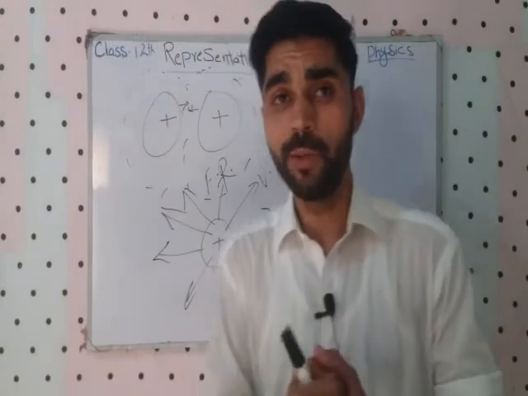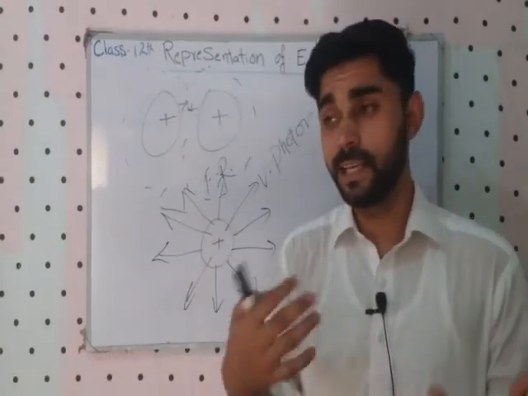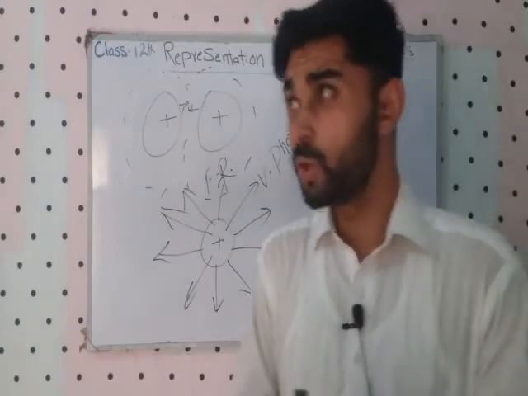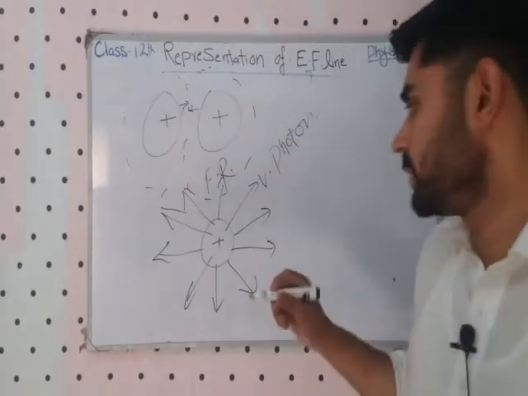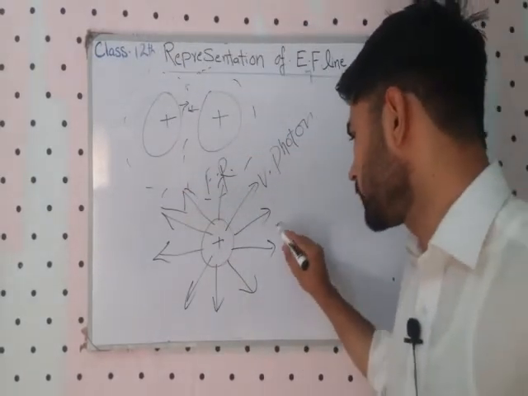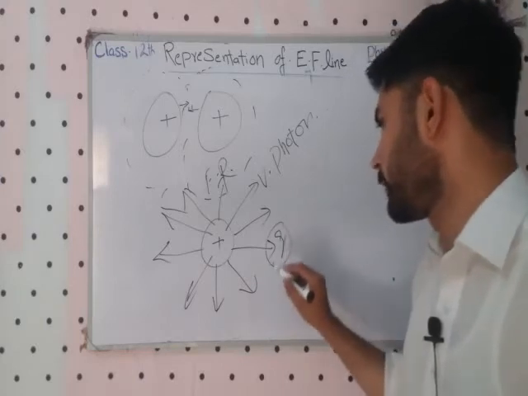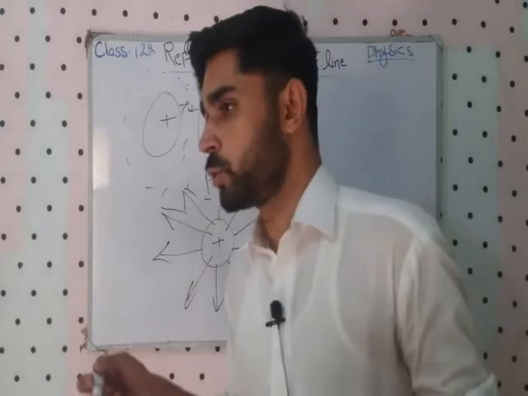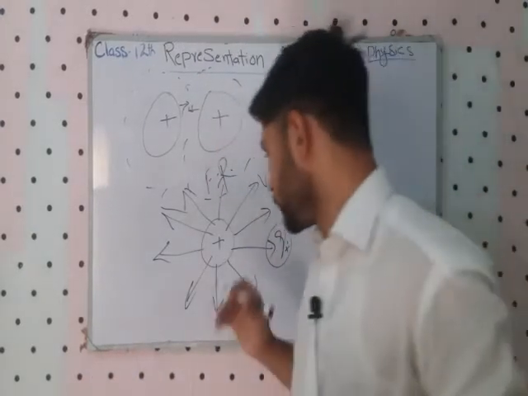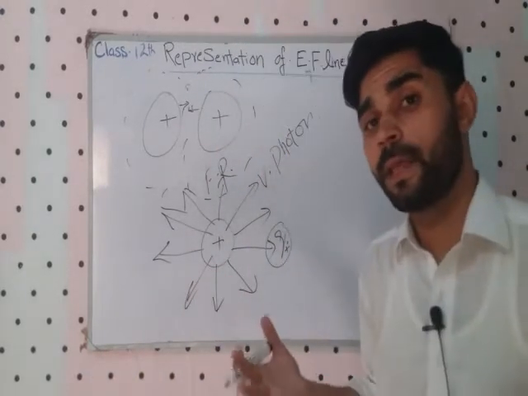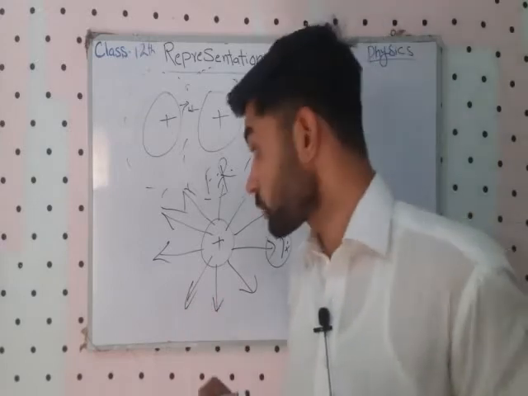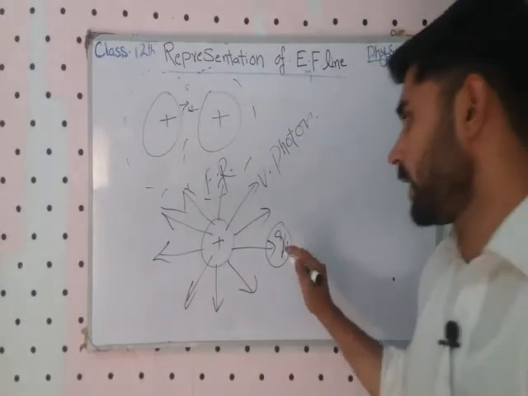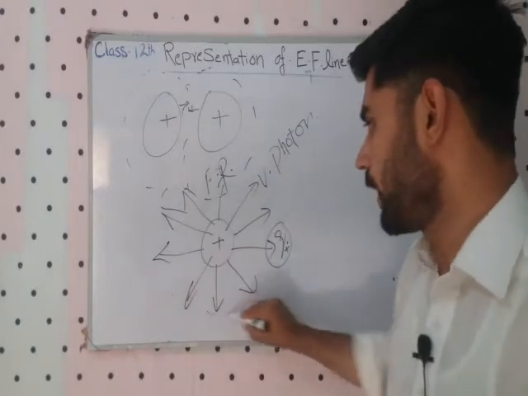So how can we say that the electric field exists or not? We take a positive test charge here to check whether there is electric field or not. When we take a positive test charge in this region, what will happen?